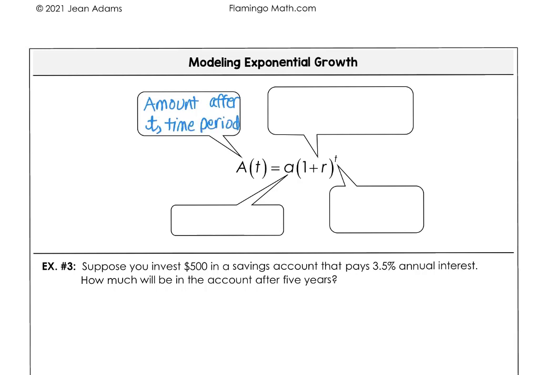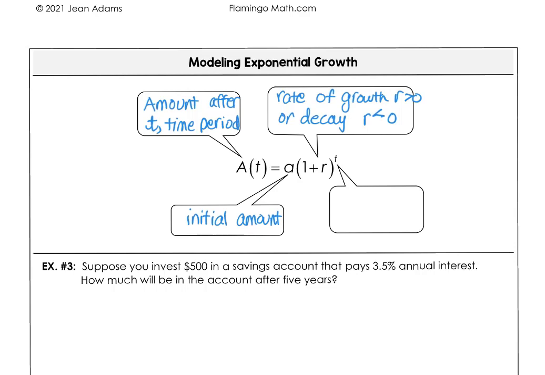And our next bubble, that's going to be the rate, and it's going to be the rate of growth if r is bigger than 0, and it's going to be a rate of decay if r is less than 0. And this smaller lowercase a is our initial amount that you're investing or saving, or some bacteria.